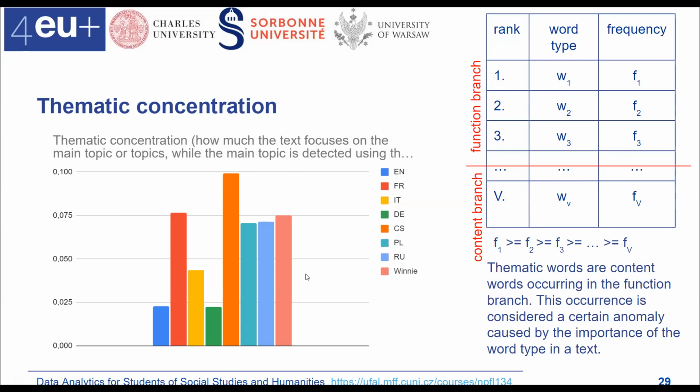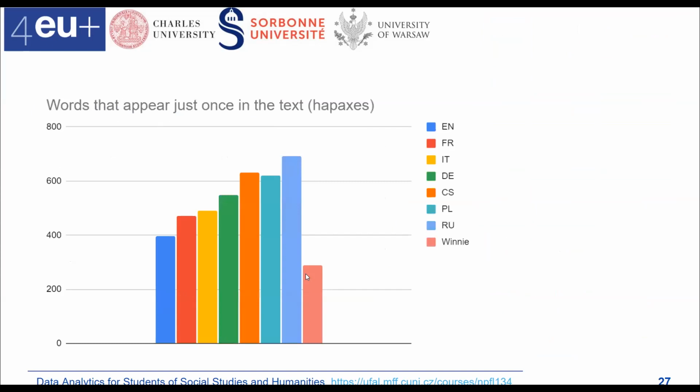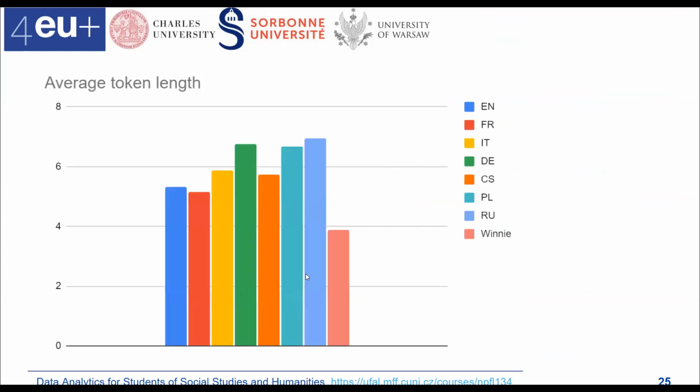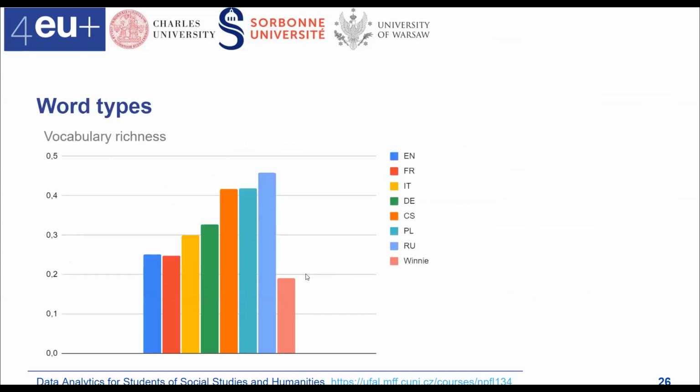Well, I just have doubts, because if you look at the vocabulary richness slide, the difference between German and, for example, Czech is not as obvious as in the case of thematic concentration.